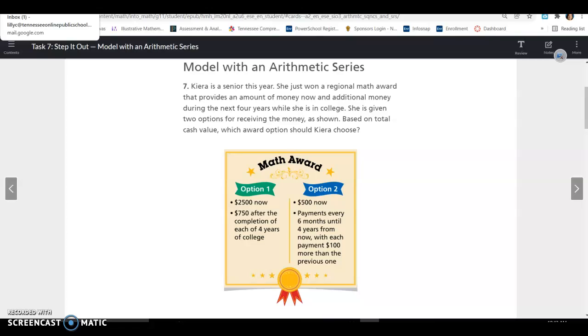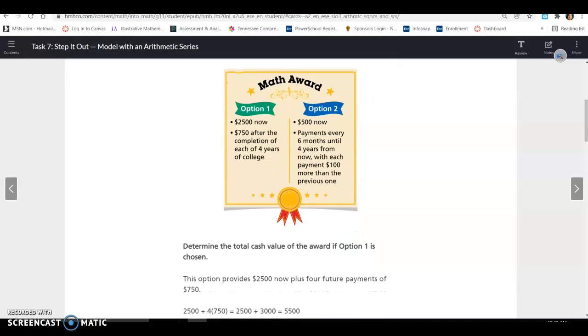And then she's going to get payments every 6 months until 4 years from now, with each payment $100 more than the previous payment. So option 1 has the bigger initial value, but option 2 is going to increase the value of payments every 6 months. So let's see which option yields the most money.